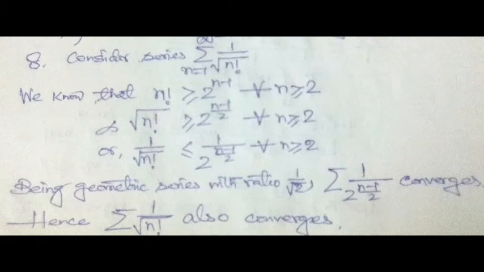In this case, we are not using the limit form, but still we are using the idea of comparison test. In the right hand side, the series is a geometric series which is convergent, therefore the left hand side must be convergent.